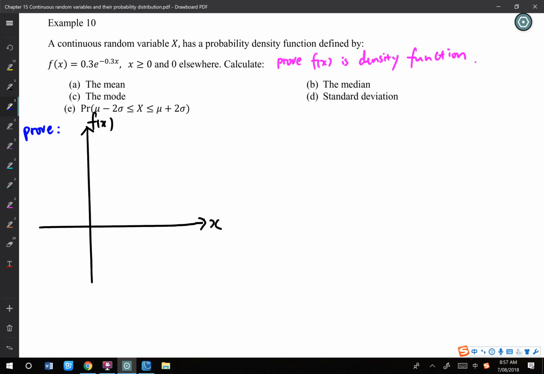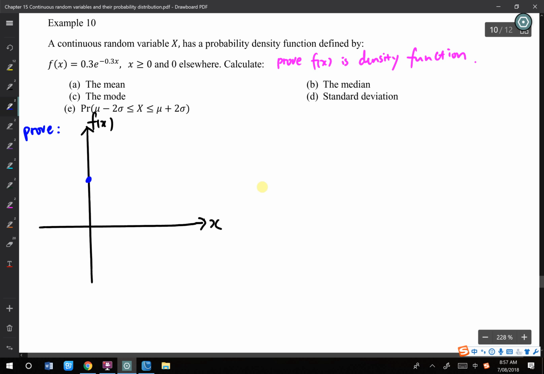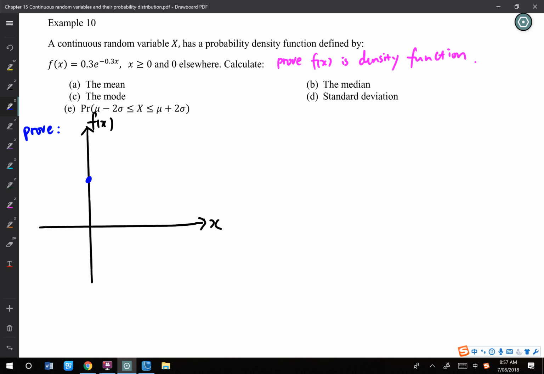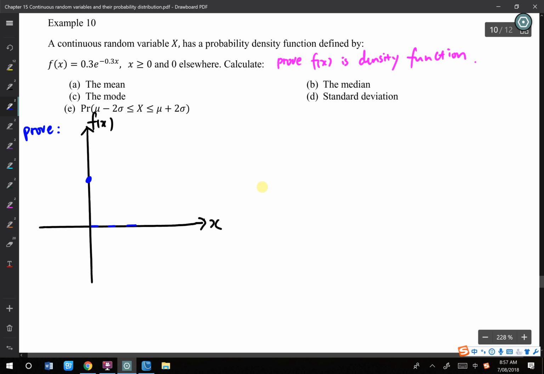That gives you 0.3. You can take 0, so I will have this point here. Where is the asymptote? y equals 0. My asymptote is only on the right-hand side because the domain is x greater than 0. This is a decreasing function, so I should have that.